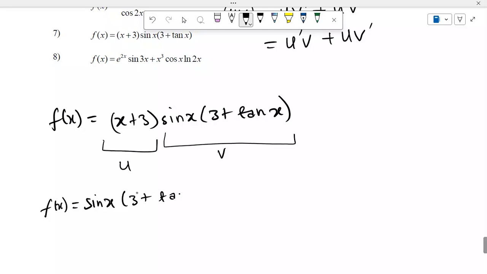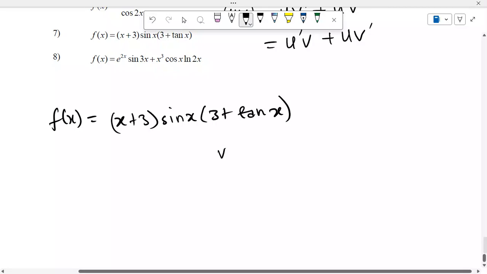In fact, I've just remembered there's a way we can simplify this without hassling with all this part.